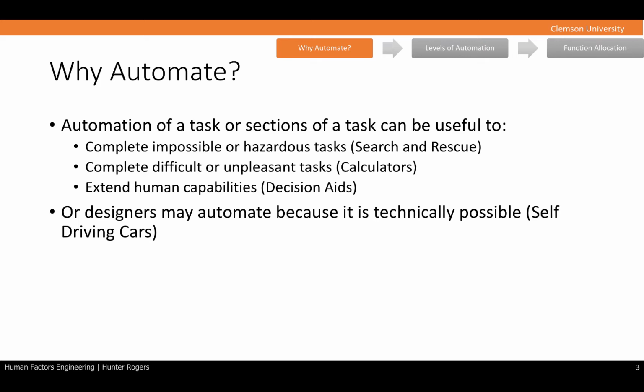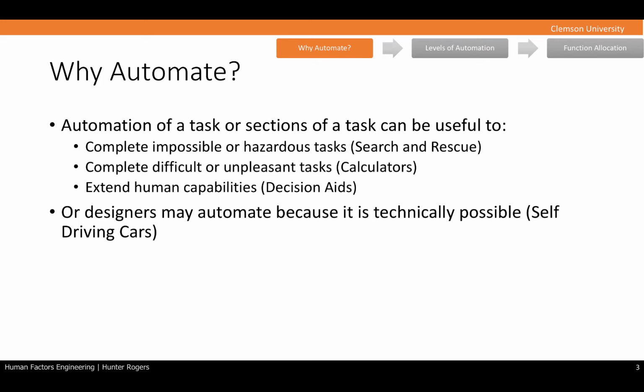Another reason could be that a task is difficult or unpleasant. So think about why we created calculators, that sort of thing. It's a simple example, but it's an example of why you would automate calculating simple math. And then another example would be to extend human capabilities.